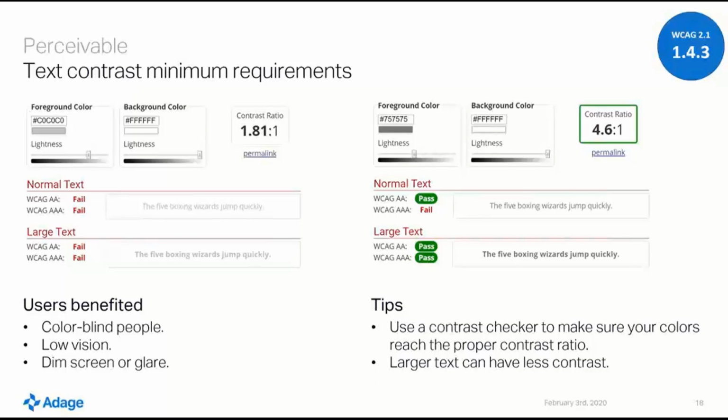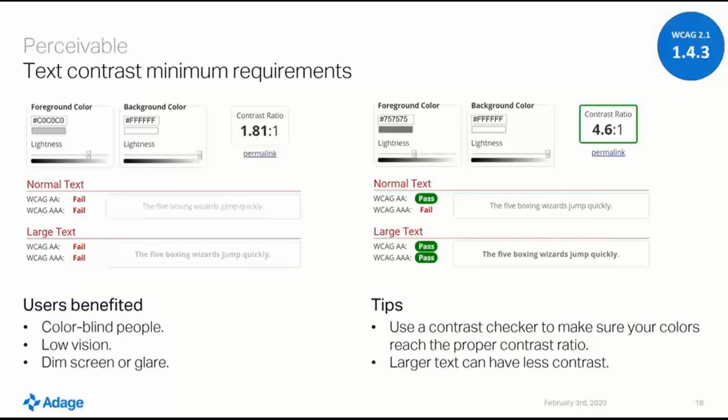This guideline falls under the perceivable category. It's pretty straightforward. We want to provide enough contrast between the text and its background, so people with moderate low vision can read it. And this covers all text that conveys information. Decorative text, for example, some random words that you use as a background on your website, is excluded from this.